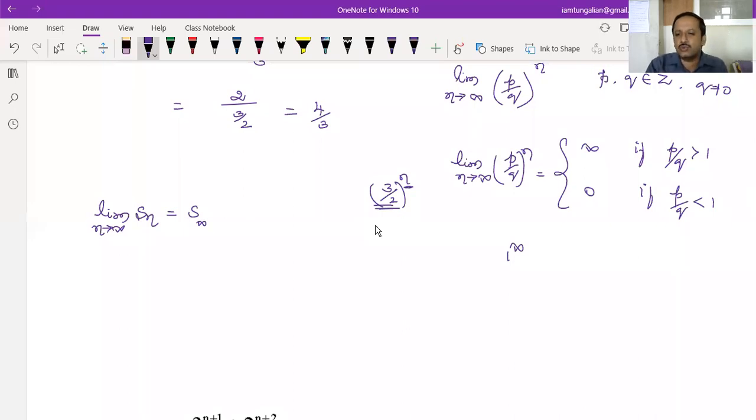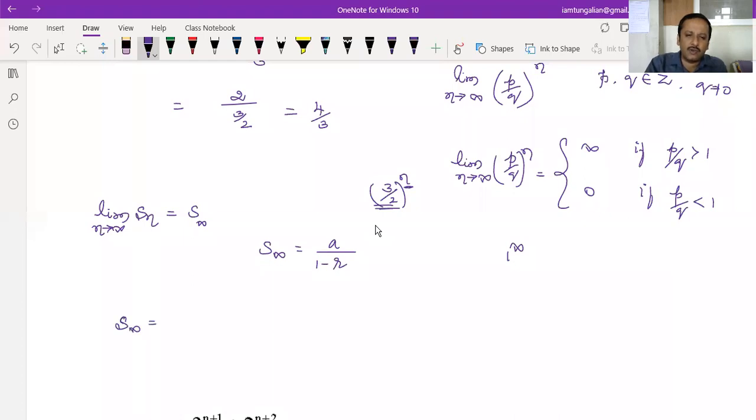As n tends to infinity, Sn is S infinity. So for S infinity of a GP, you have another formula, that is a by 1 minus r. Directly you can use that formula also for this problem.